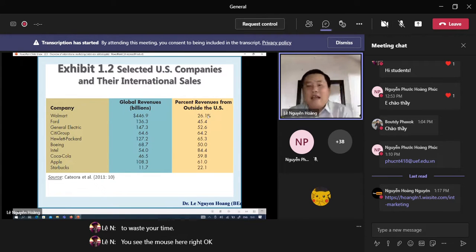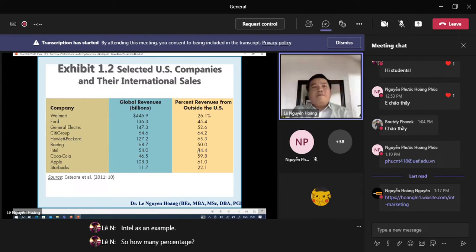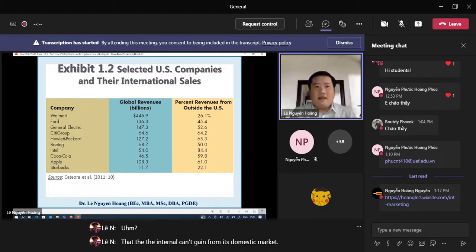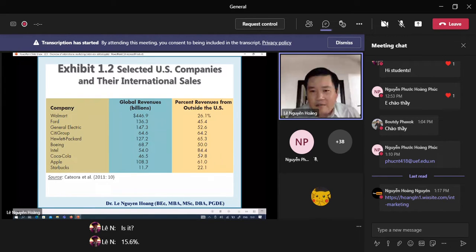Now let's take Intel as an example. How much can Intel get from its domestic market? It is 15.6% here.